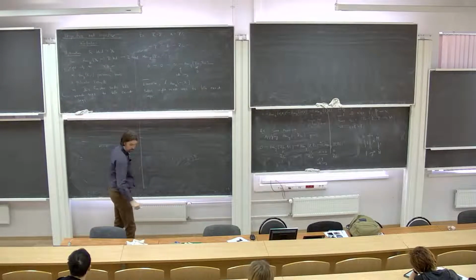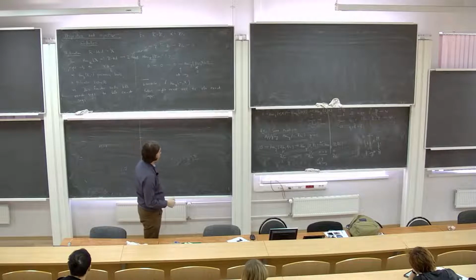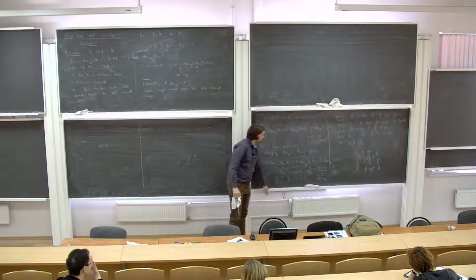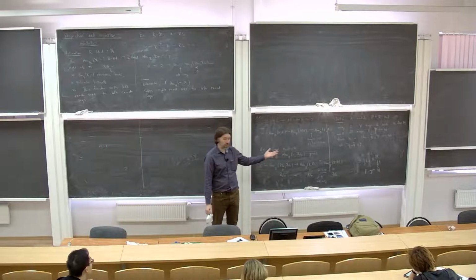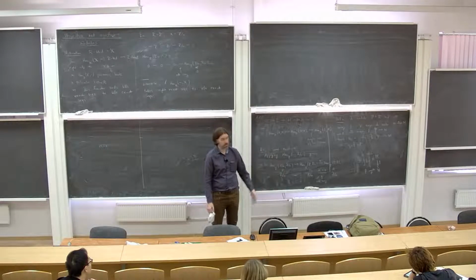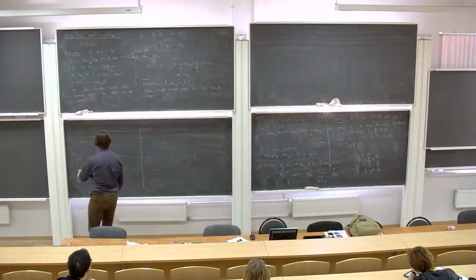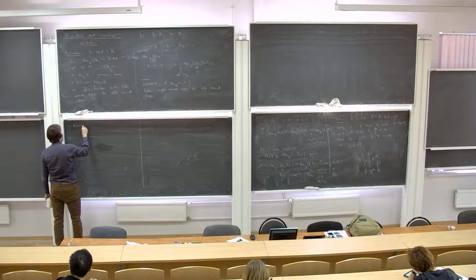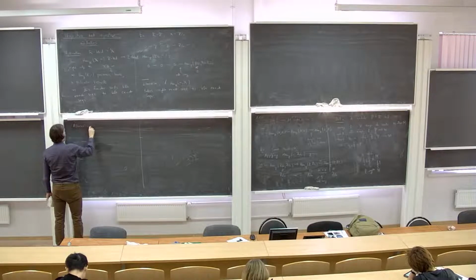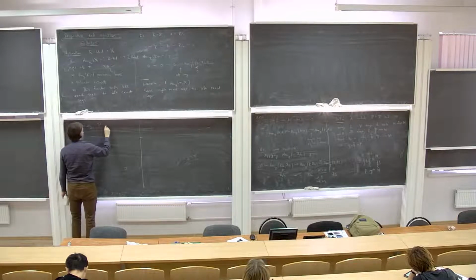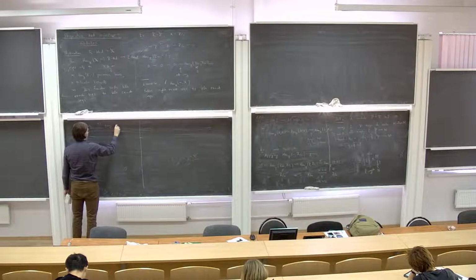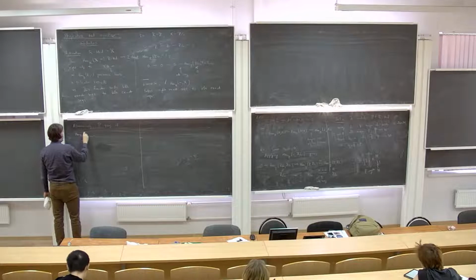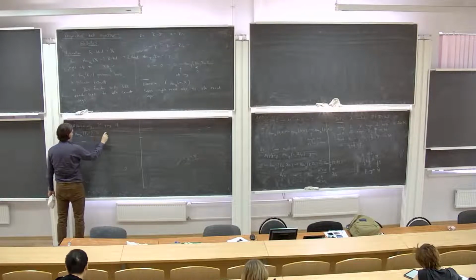And that was the only thing preventing exactness for homming out of a module. And so another way to say it is the module is projective if homming out of it is always exact. So alternatively, P is projective if the functor hom out of P is exact.